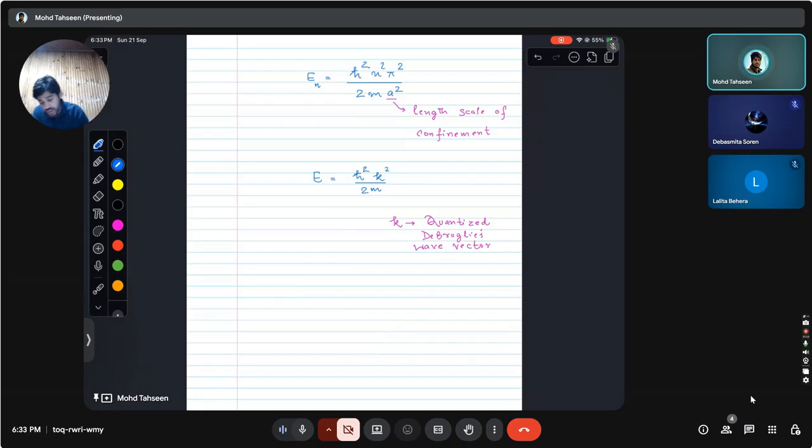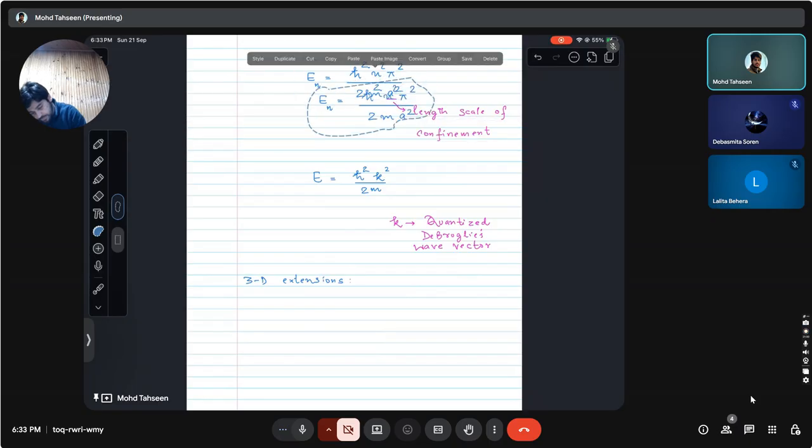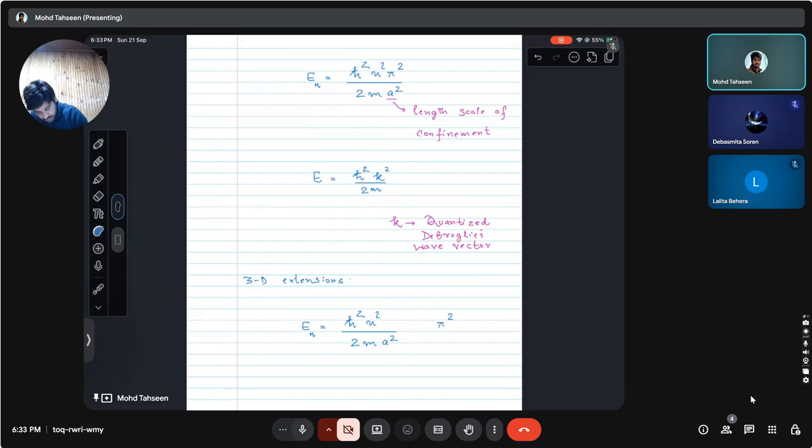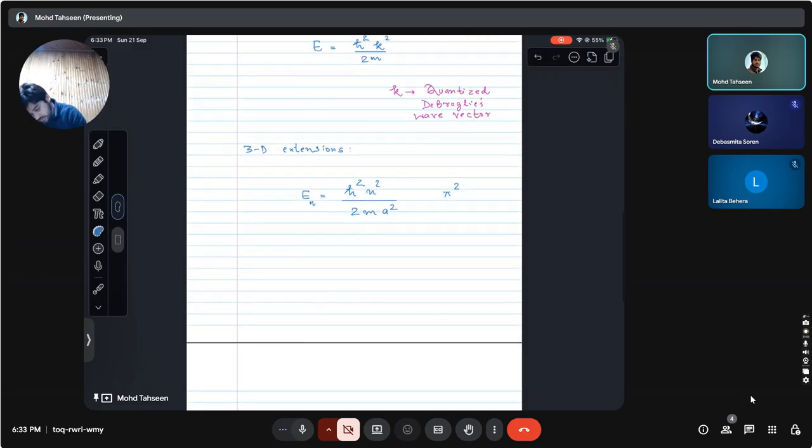But if we extend the same things to 3 dimensions, what we get is, the 3D extension, En would be proportional to nx square plus ny square plus nz square, with the assumption that the confinement is the same in all directions.